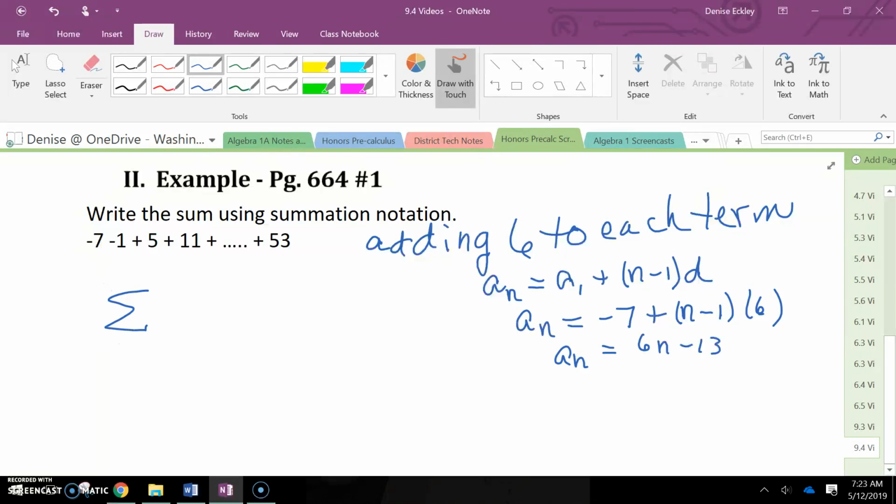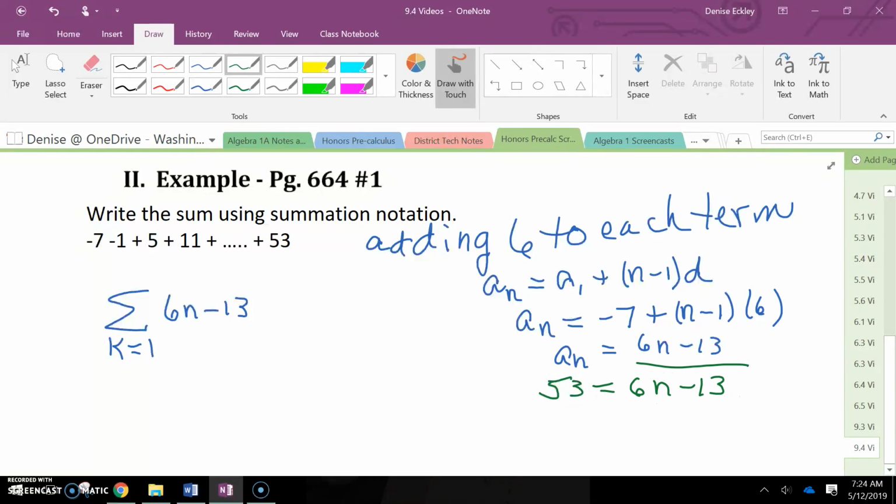So we're taking the sum from k equals 1 to some number which we'll have to find, and our expression is going to be 6n minus 13. Now to find how many terms we have, since they're not all written out, what we can do is use our arithmetic sequence and set it equal to 53 and solve for n.